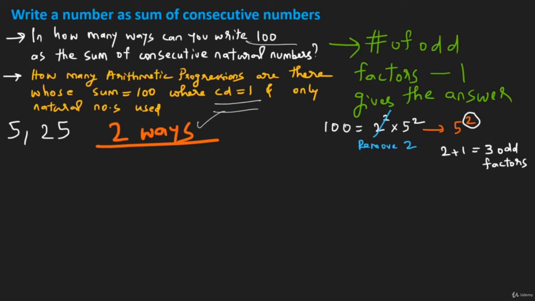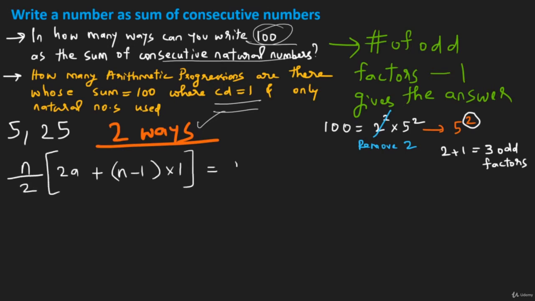Say if 2 terms in an arithmetic progression are 22 and 23, you can see that the common difference is just 1, because 23 and 22 have a difference of 1. So when it comes to consecutive numbers, it's an arithmetic progression with common difference 1, and because we know that the sum has to add up to 100, let's write it like this: n by 2 into 2a plus n minus 1 into 1 is equal to 100 because the common difference is 1.